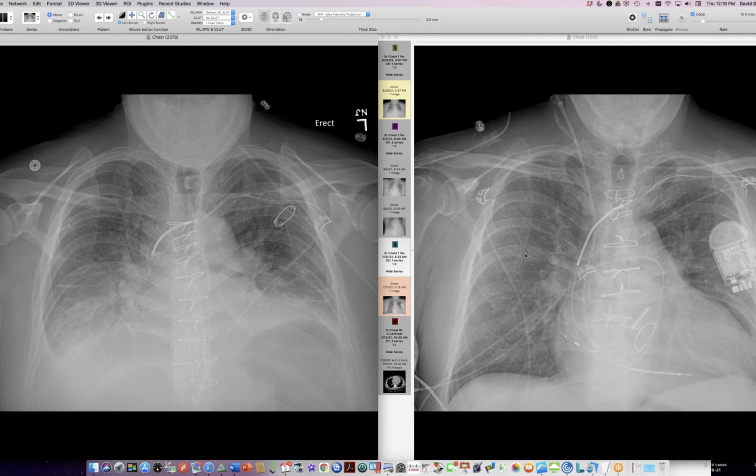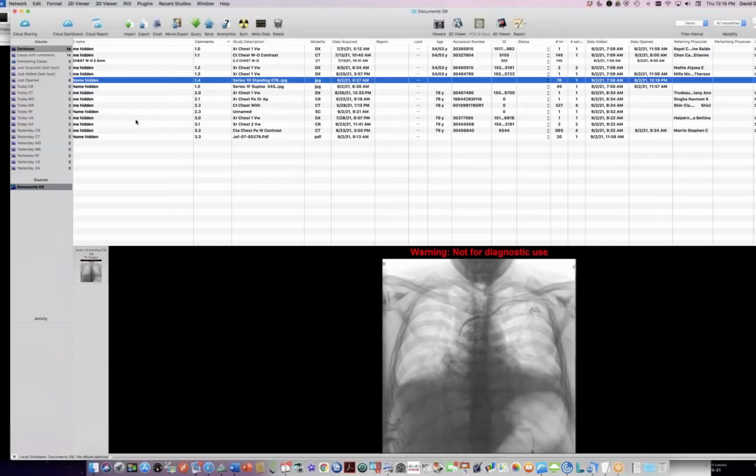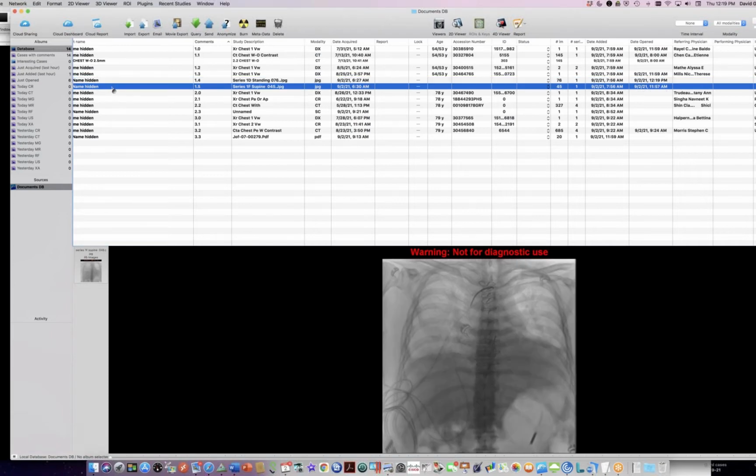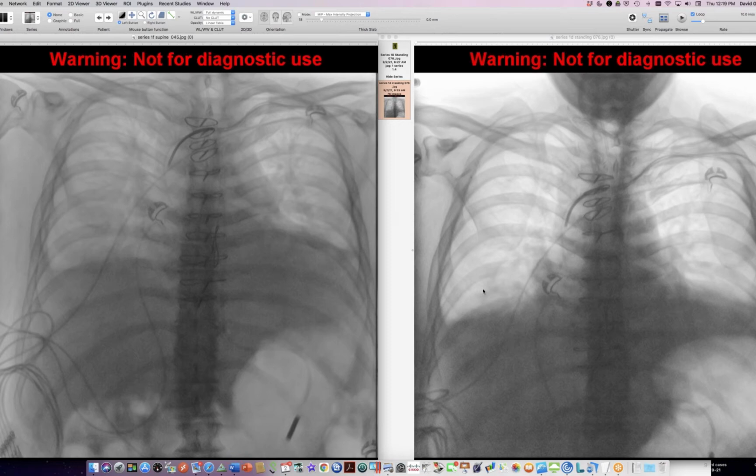So we were asked to do a sniff test, a diaphragm fluoro, and we're always eager to go along with that. So let me show you two parts of the sniff test. So I start out by having the patient standing, and I will do an AP view and then a lateral view.